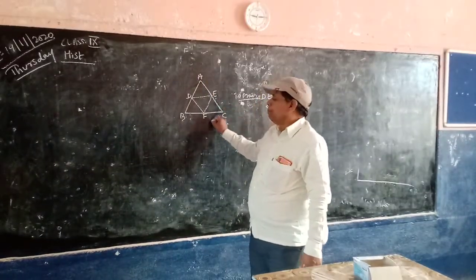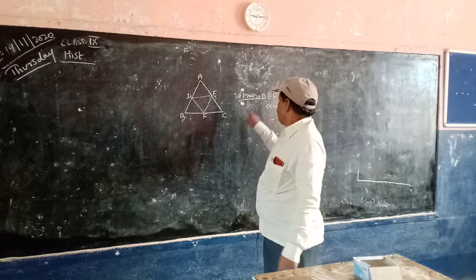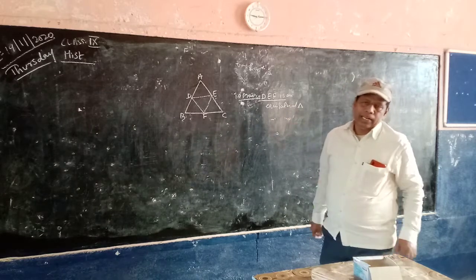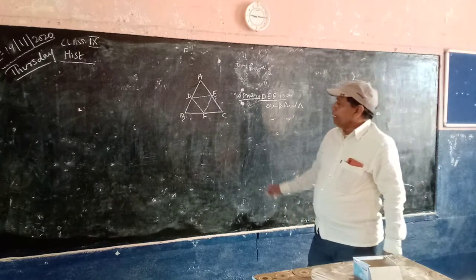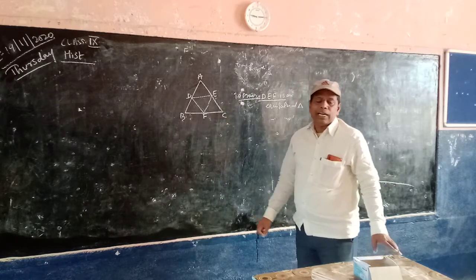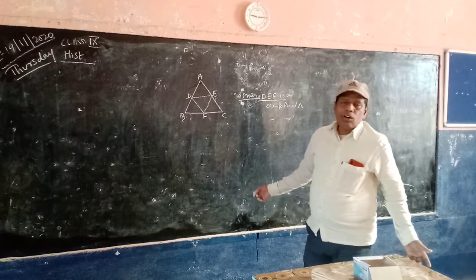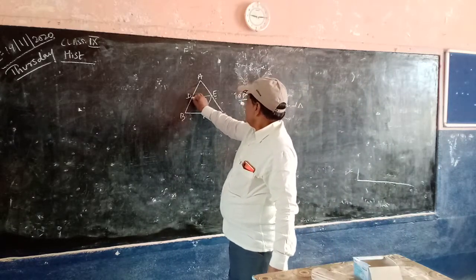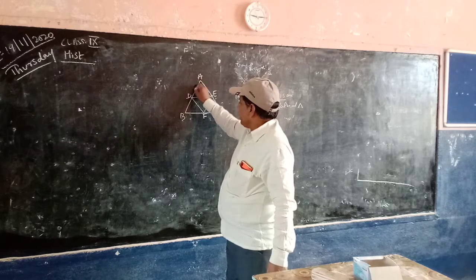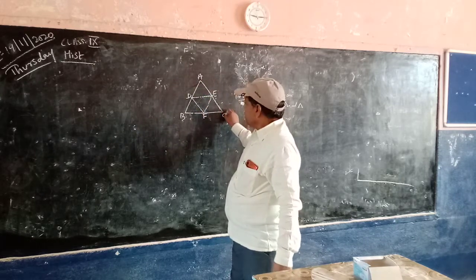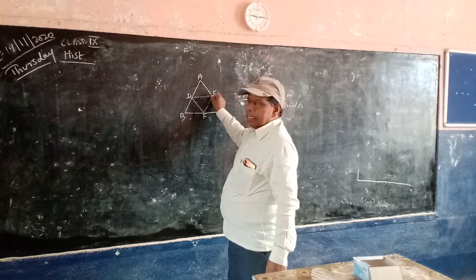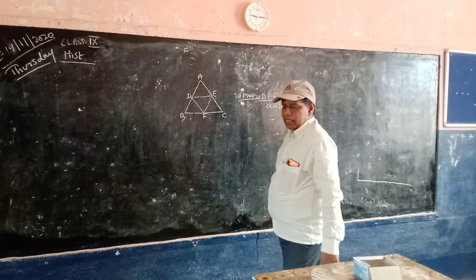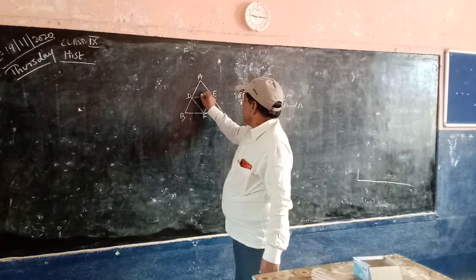AB, AC and BC. To prove triangle DEF is an equilateral triangle. So first, how to prove? Here D and E are the midpoints of AB and AC. So DE is equal and parallel to half BC.